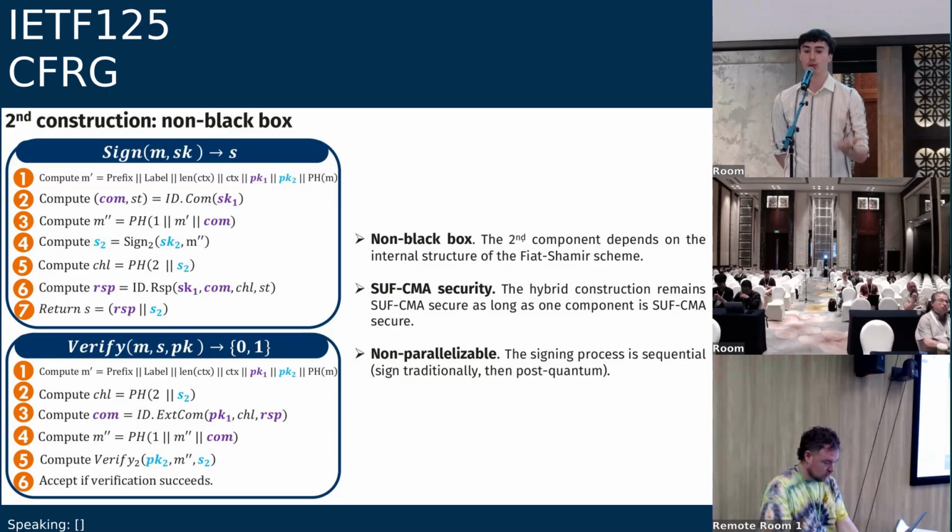More significantly, the main difference with the first construction is that it's SUF-CMA secure as long as any of the components is SUF-CMA secure, which wasn't the case for the first construction. For the first construction, the security came from the SUF-CMA security of the second component. Similarly, the signing process is sequential there.